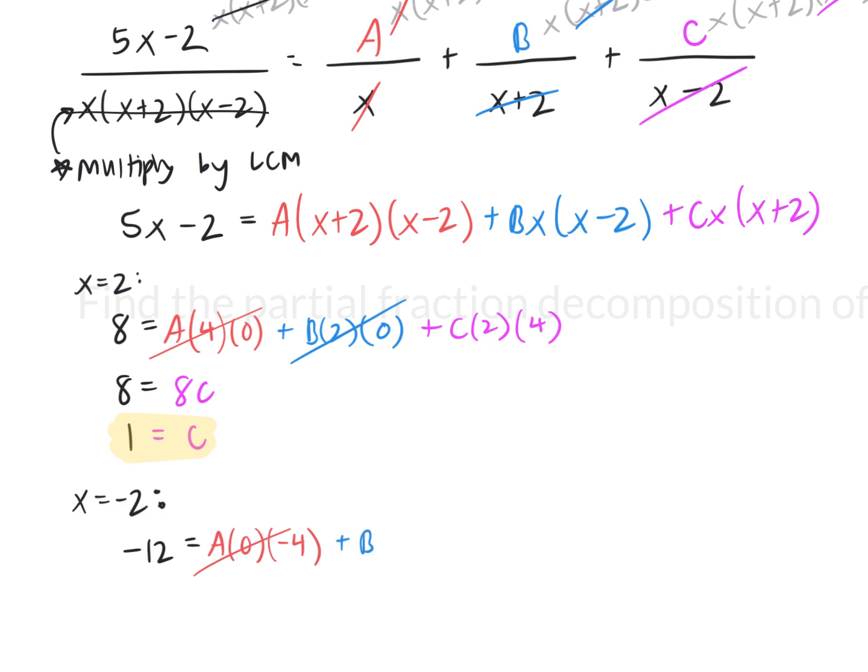Plus b times -2 times -4, and then I have c times -2 times 0. So that goes away as well. So now I'm just left with that b term and -12 on the other side.